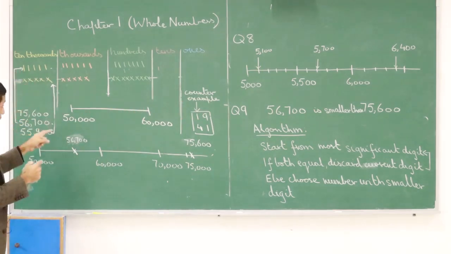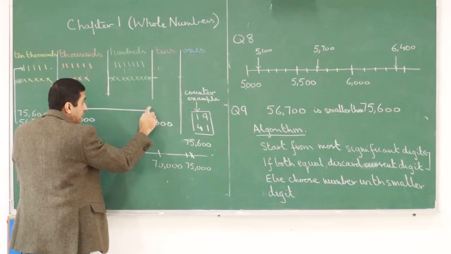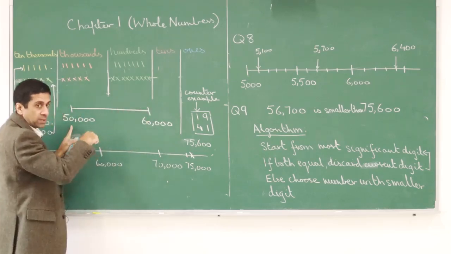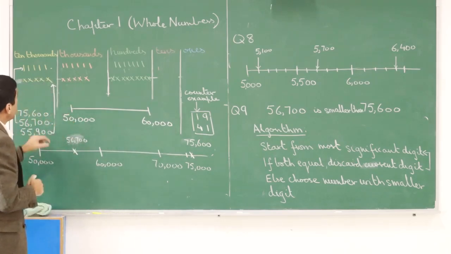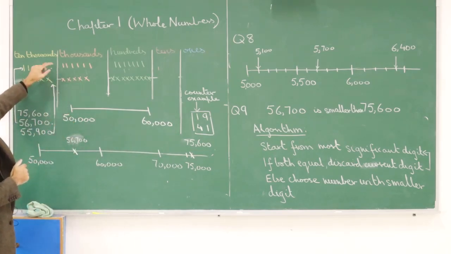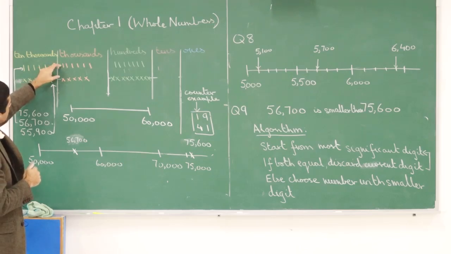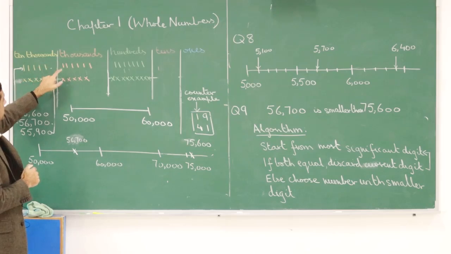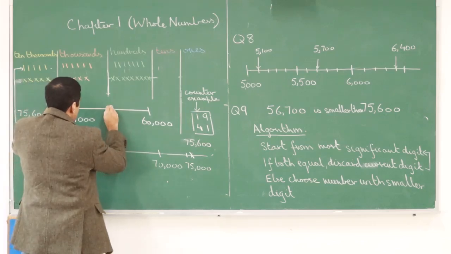Both are 5. That means your number lies between this number and it won't ever hit 60,000. It will be less than 60,000. Agree? Okay. Now, let's look at this. This is 5,000. Oh, this is 6,000 and this is 5,000. So let's look at this. This is 55,000.